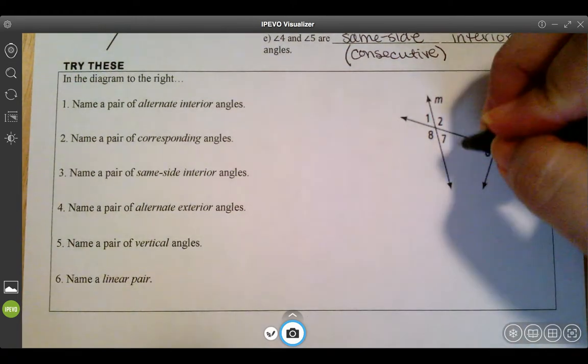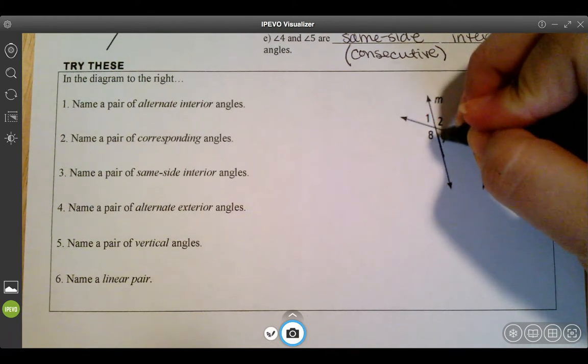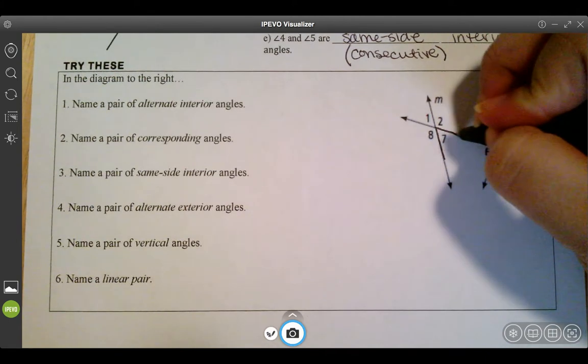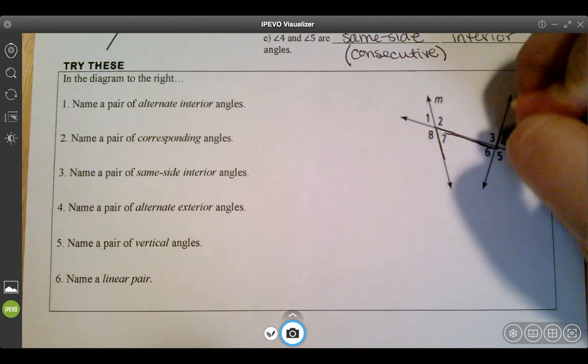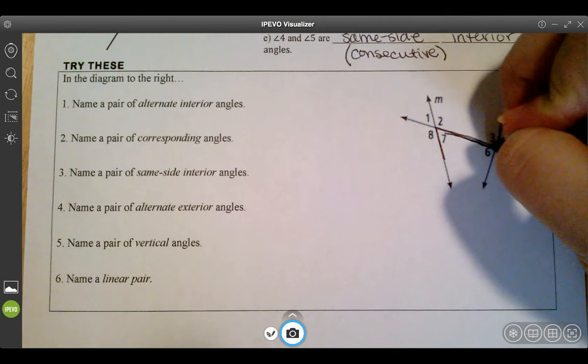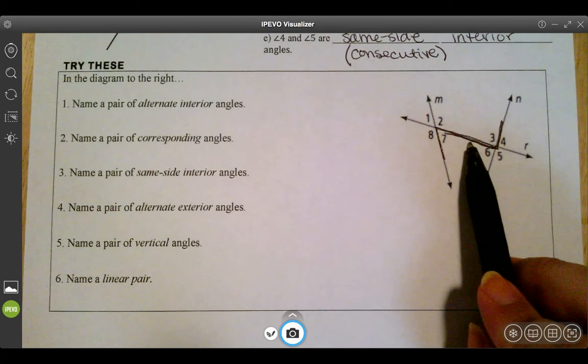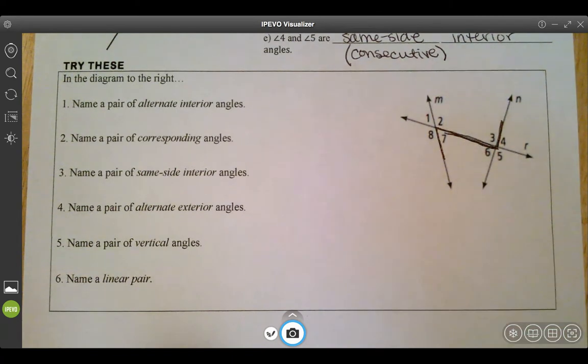So I make the Z along the transversal. So I'm going to go along one of the lines, down the transversal, and across the other line, okay? This is going to be particularly helpful when we start talking about parallel lines. But this kind of helps me identify, there's the transversal that I'm talking about, same side or opposite side.